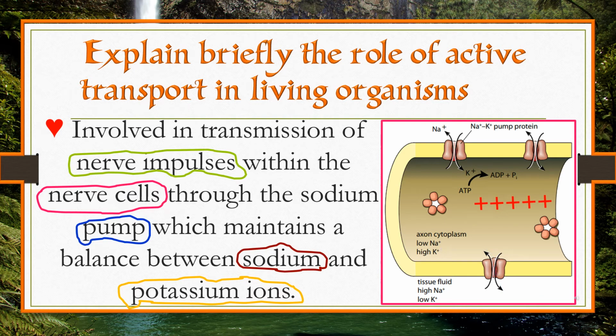But now the nerve impulse has passed, and we need now to take the charge inside the axon cytoplasm back to negative. How can we do that? That one is going to be done by reducing the concentration of sodium in the axon cytoplasm by taking it out so that inside becomes negative. How are we going to do that?